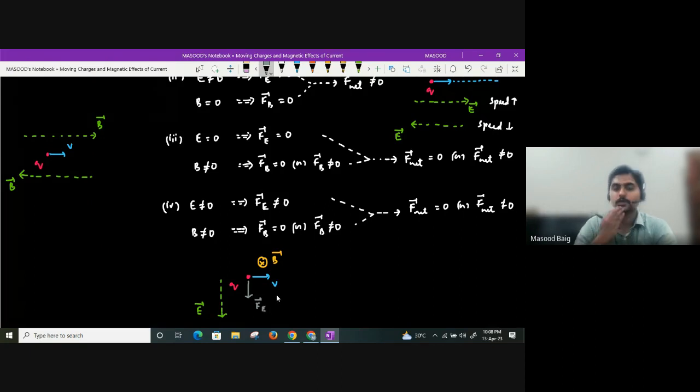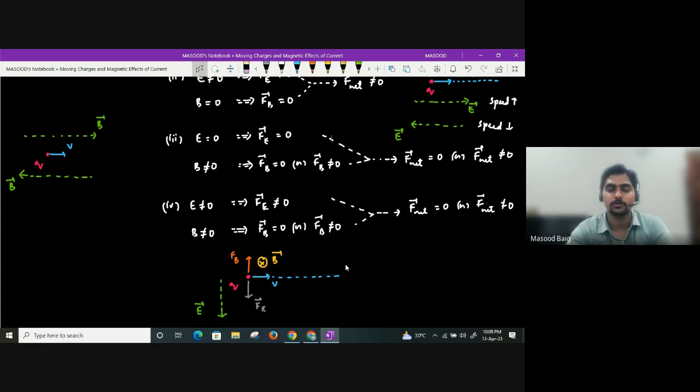Now if you do V cross B, velocity is along x direction, magnetic field along z direction. V cross B, are we able to get a certain force which is magnetic force in upward direction or not? I'm not saying that they both should be equal, but if they are equal, again, the charged particle will be moving in a straight line without change in velocity.